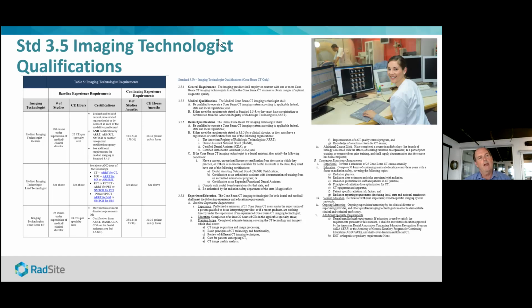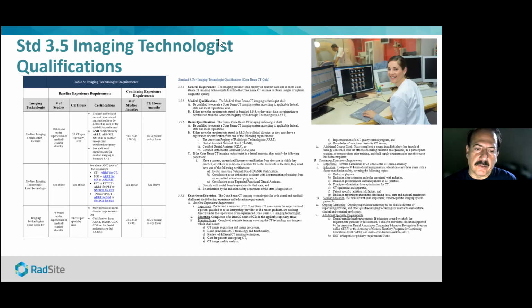Is there anything else you want to add regarding the technologist? No, just to summarize, 25 examinations per technologist need to be supervised by a medical or clinical director in your practice or another practice. The imaging technologists need to have 20 continuing education credits for dental imaging, and it's really important that there are baseline requirements for techs and continuing requirements for techs.